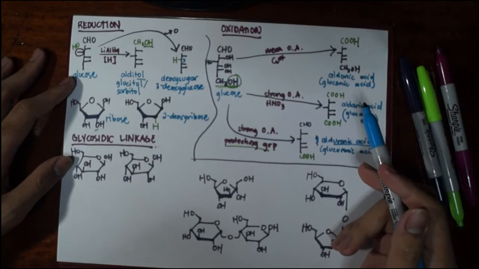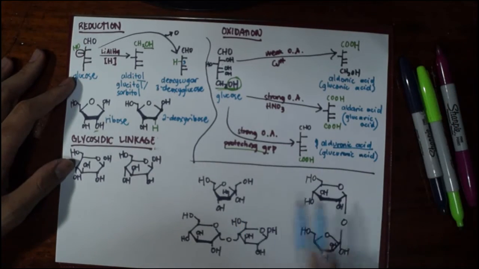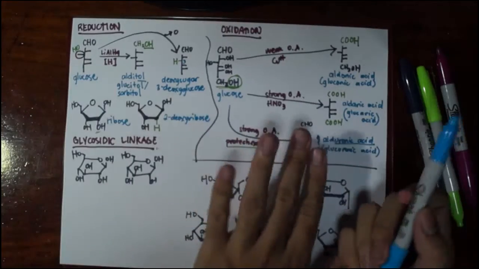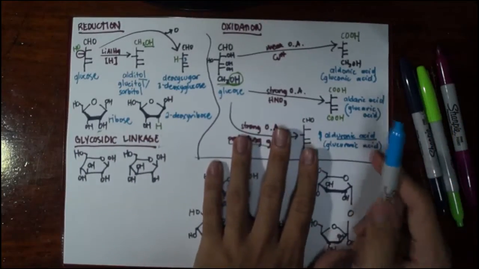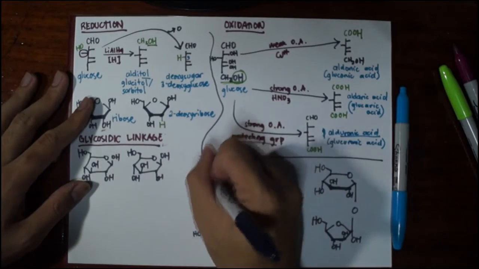And also, not just to monosaccharides, it could also happen to cyclic forms and even in disaccharides, but we will go to this later. I would first like to focus on this part, which is the formation of a glycosidic linkage.